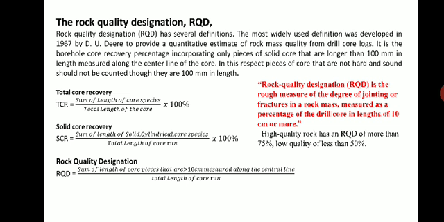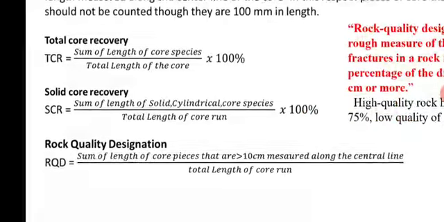High quality rock has an RQD more than 75%, and low quality rock will have an RQD less than 50%.